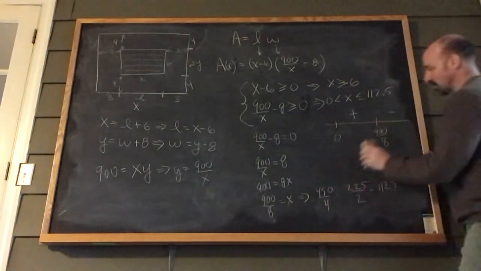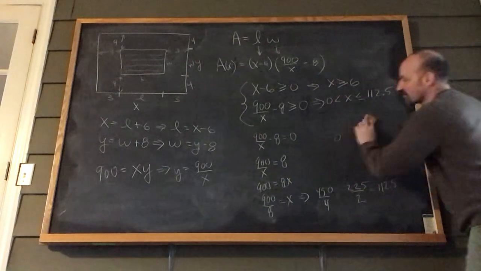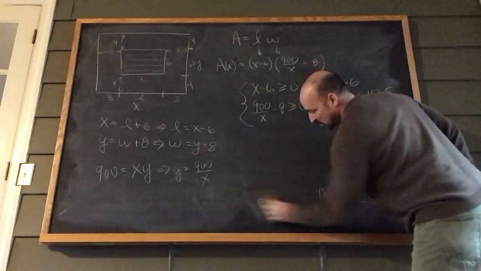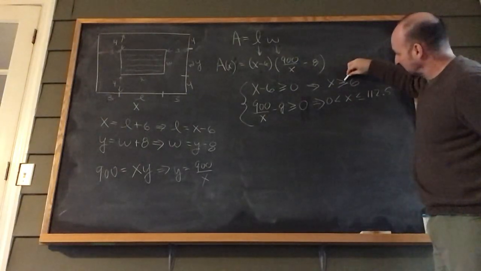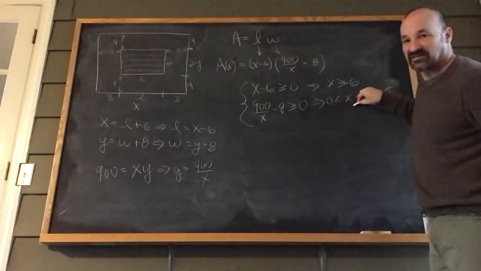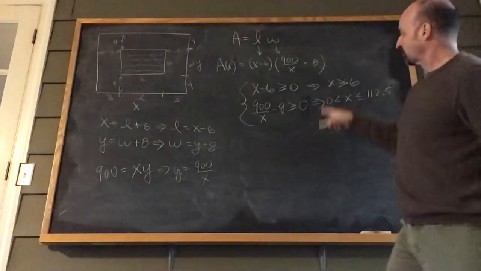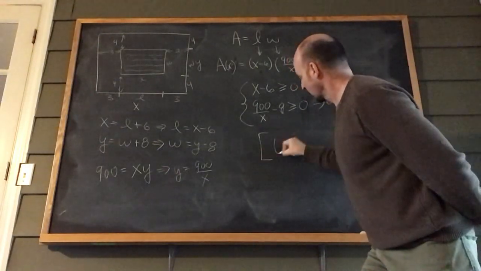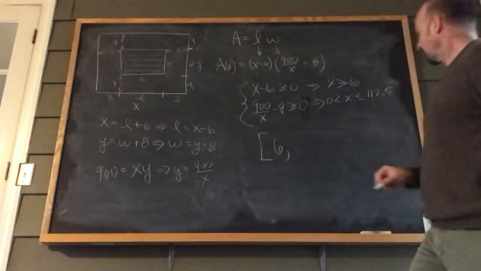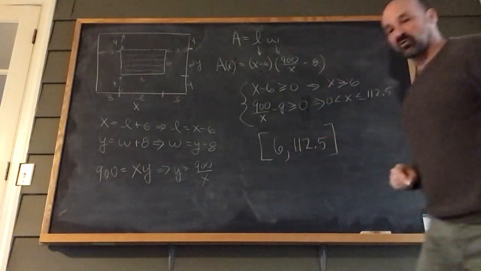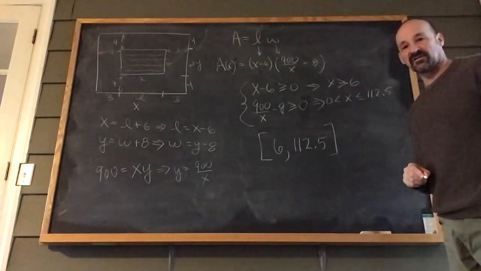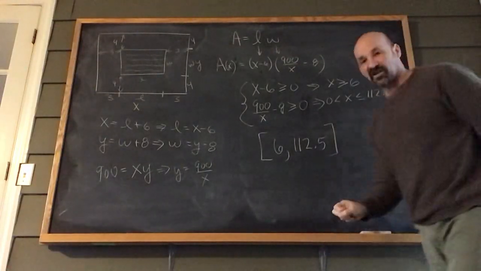Okay, so let me get rid of this stuff. To be in the domain of this function, x has got to satisfy this, and x has got to satisfy this. So the x's that satisfy both of them would be in this interval, from 6 up to 112.5 inclusive. Okay, I'll stop right here.